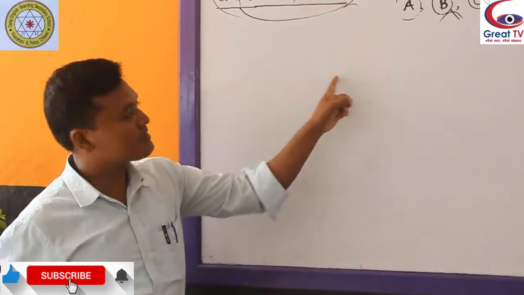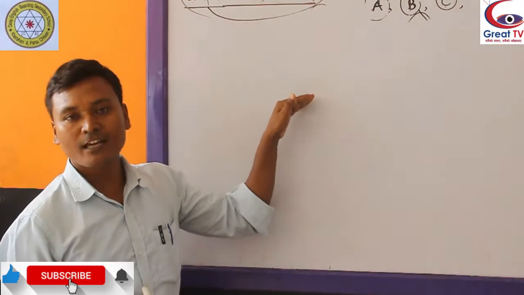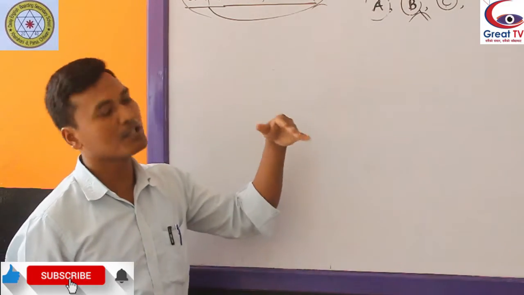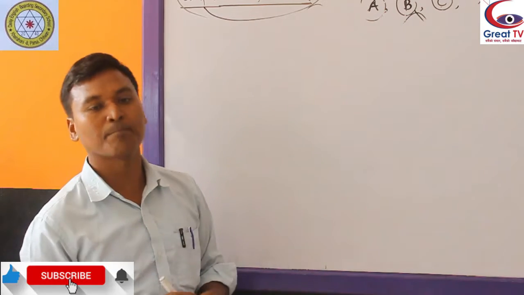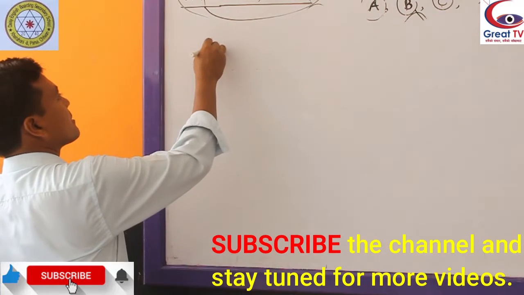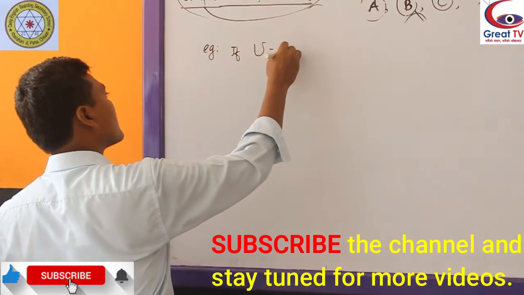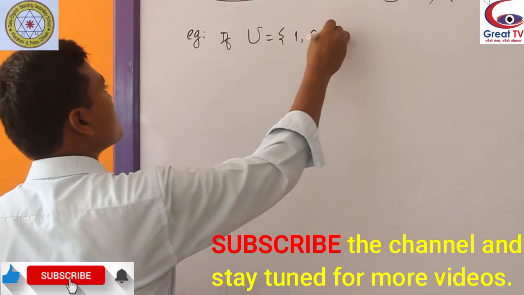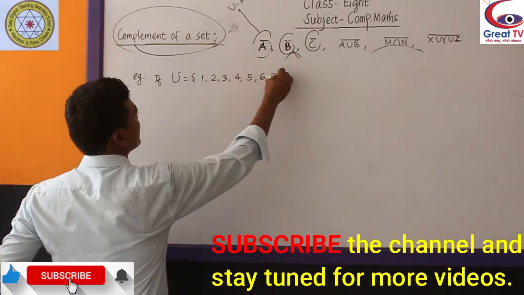In the first example, I calculated A complement. You can easily calculate B complement, C complement, M complement, X complement, Y complement, like that. Please try that by yourself. Next example, let us consider U equals again 1, 2, 3, 4, 5, 6, 7.